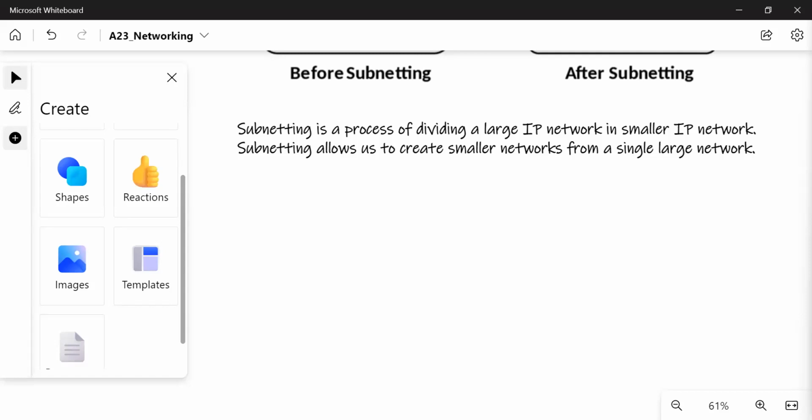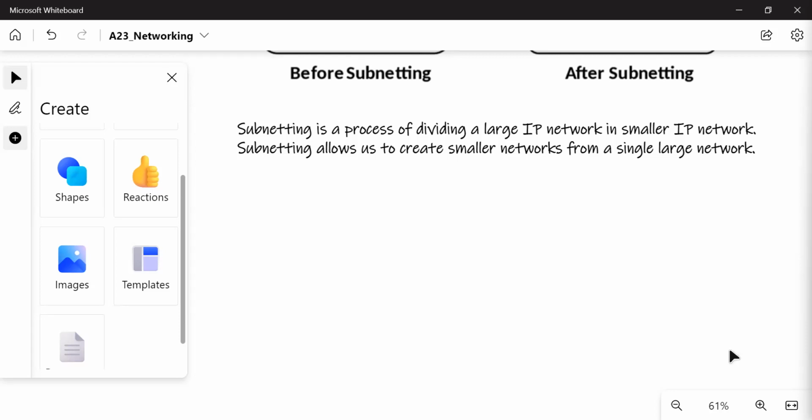The first step of any given subnetting problem, that means dividing a large network into smaller networks, is to identify what is the network portion and what is the host portion. Usually the default subnet mask is 32 bits, where network bits are set to 1 and host bits are set to 0.